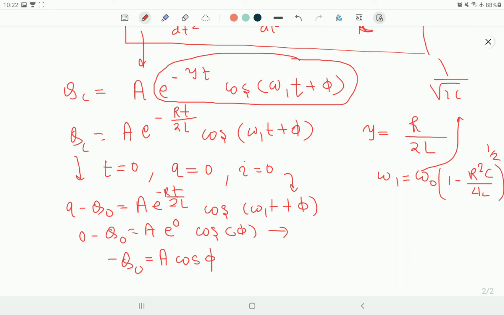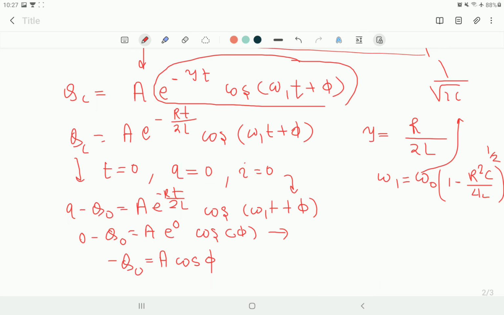We get the current by differentiating this, and once we differentiate it, we'll get A to the power minus lambda t and cos, the value of current, and you can try it on your own. Here you'll get the value of the phase constant, and omega 1 has been given.